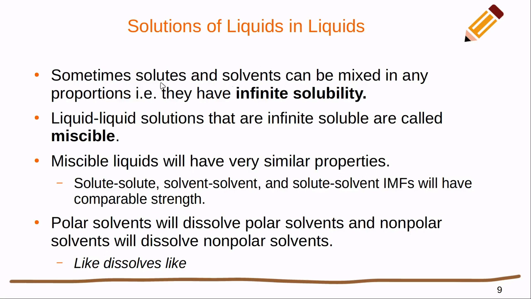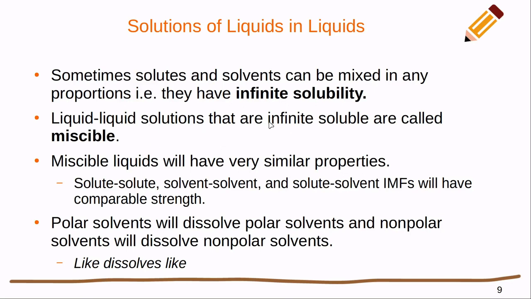They could be 50-50, and we could even have a situation where they switch, where the solute actually becomes the majority component and takes over the role as a solvent, and the solvent becomes a solute. And this is what we call infinitely soluble. All right, so I can mix them in any proportions that I want.